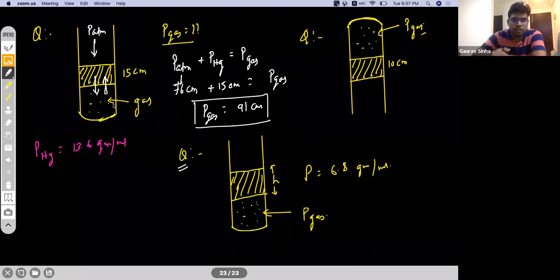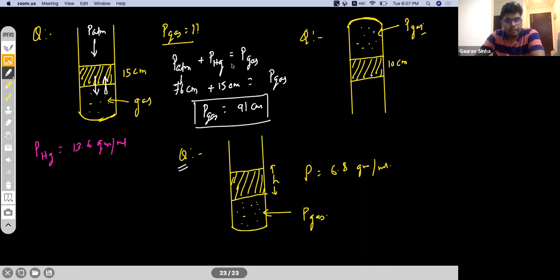So both are in opposite directions. You cannot add P Hg and P gas here. That's what I'm telling you. You have to balance the force first, then you'll get the relation of pressure. Acha, the liquid one. Yes, for that you need to find H rho g, and then you have to find the height of the Hg column which exerts the same pressure.